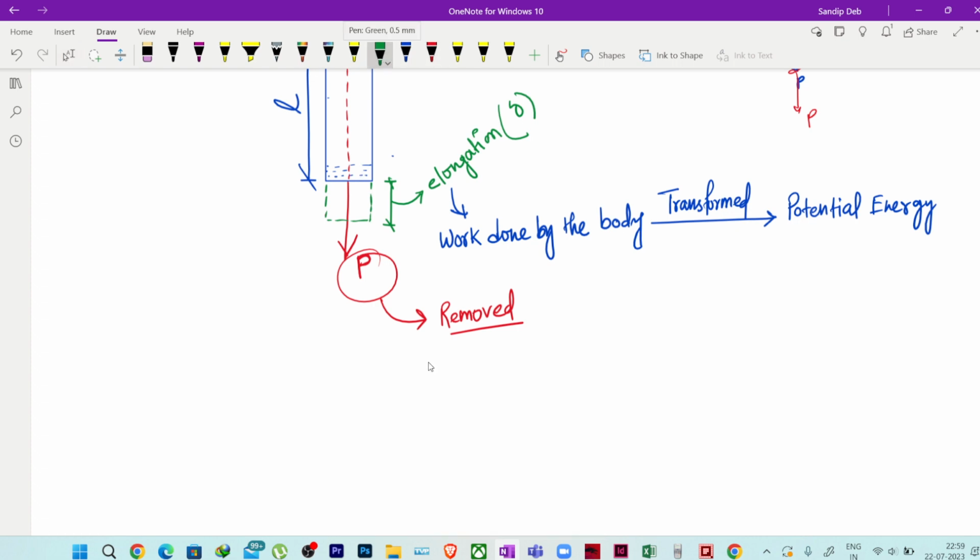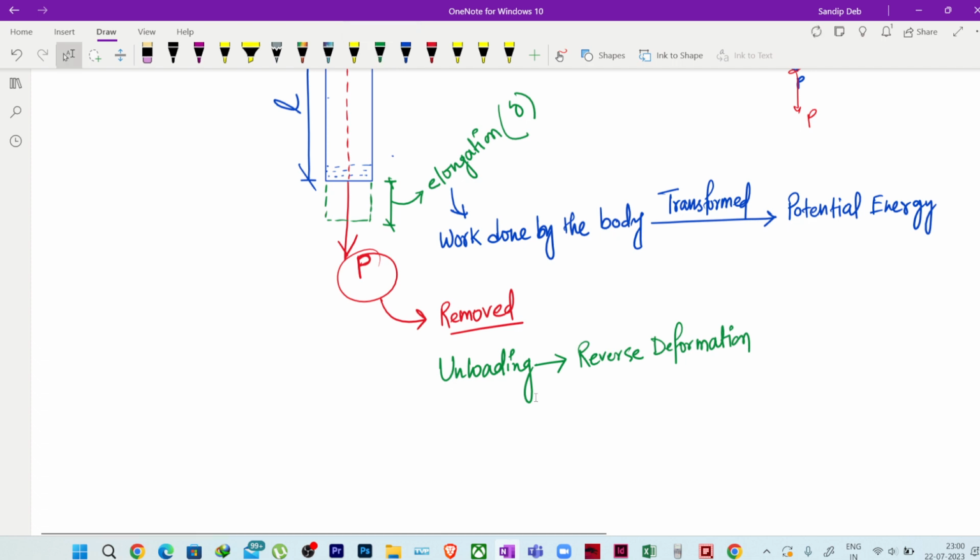So I would write it here: due to unloading, we will see reverse deformation. Okay, we will see a reverse deformation. Correct?